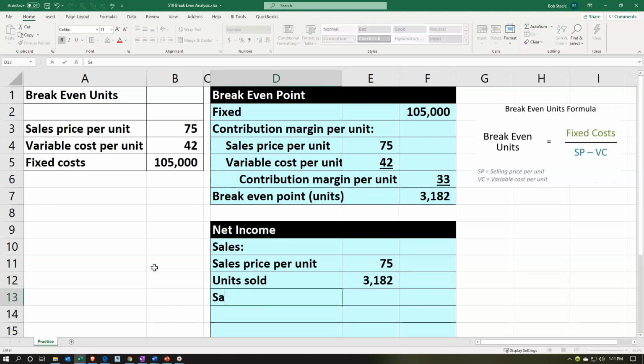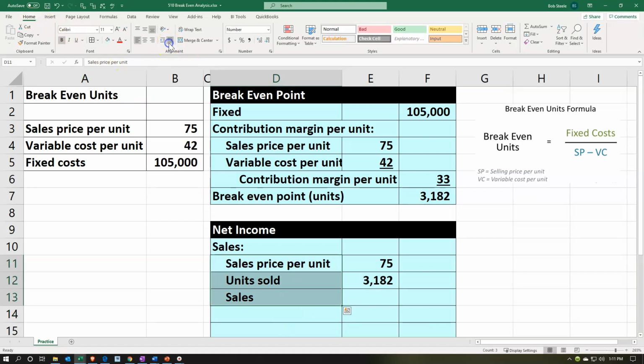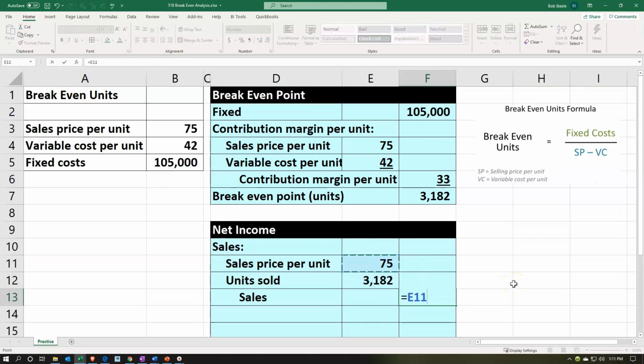And that's going to give us our sales number. I'm going to go ahead and format this, selecting the sales, home tab, alignment, increase indenting. Multiply this out. This is going to be equal to the $75 times the 3,182. Let's put an underline here, go into the home tab, font group, and underline.